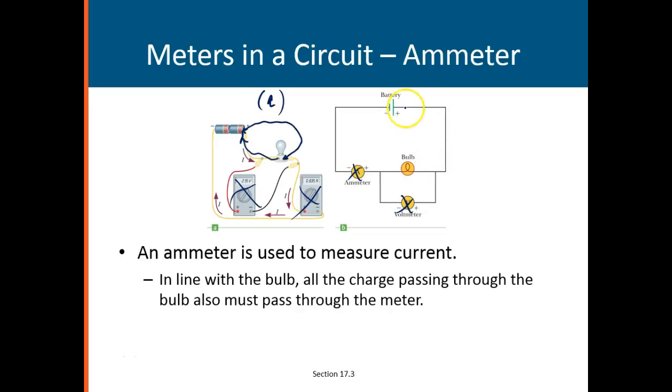Then from the other side of the bulb, you have a loop that just does like this, and then it goes back from this side of the bulb to the other side of the battery.